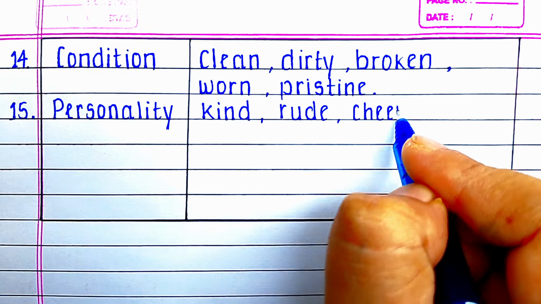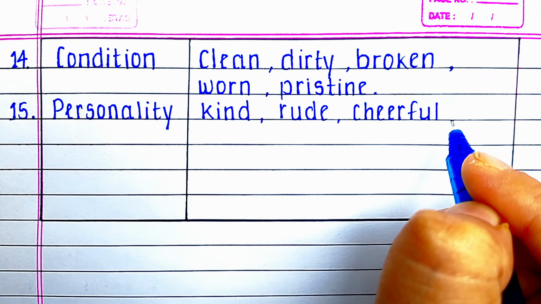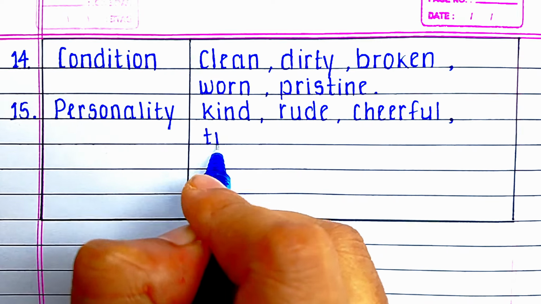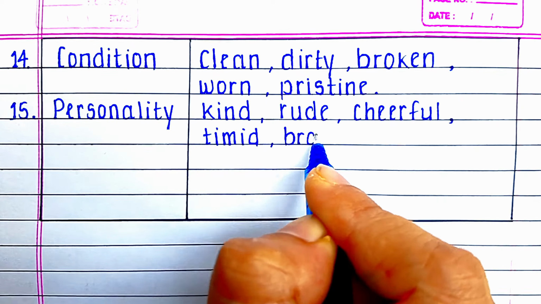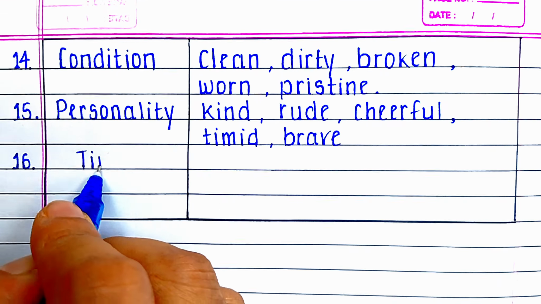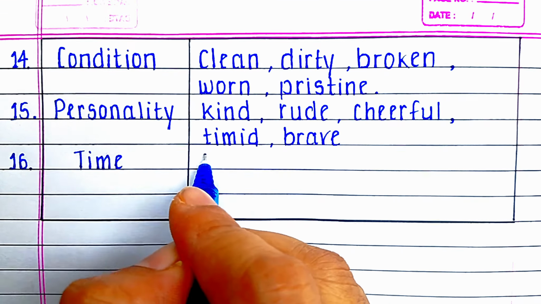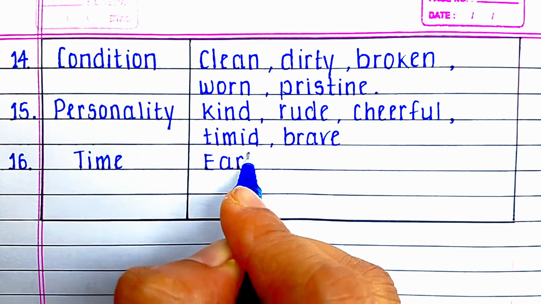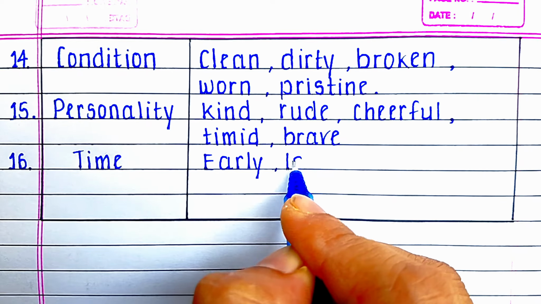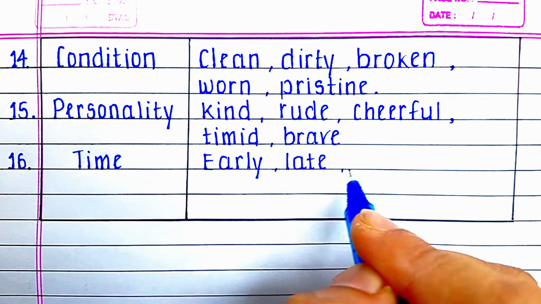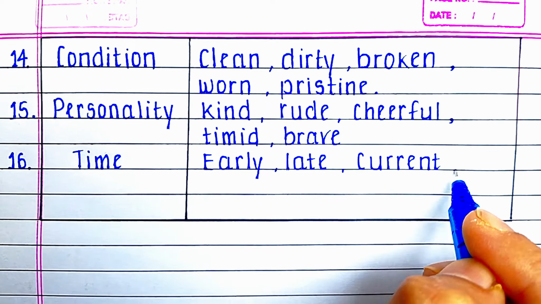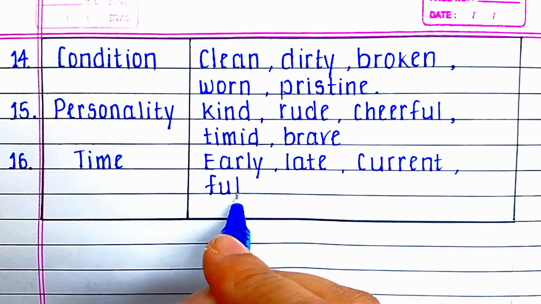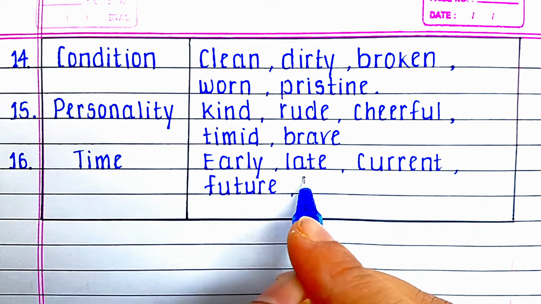The descriptive words for the category of personality are kind, rude, cheerful, timid, and brave. Next category is time. The words are early, late, current, future, and brief.